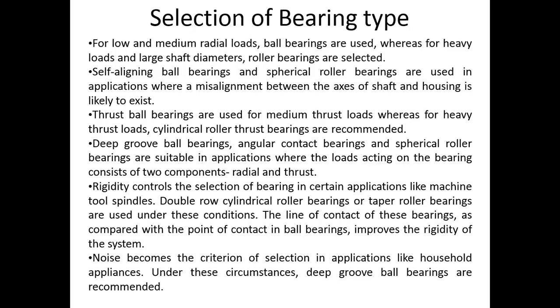Means if we fix the shaft on the support of the bearing, and the axis of the shaft and the axis of the housing used to mount the bearing have misalignment, then general ball bearings cannot be used because it creates a maximum axial thrust load, and due to the maximum thrust load the friction of the bearing is excessively high.